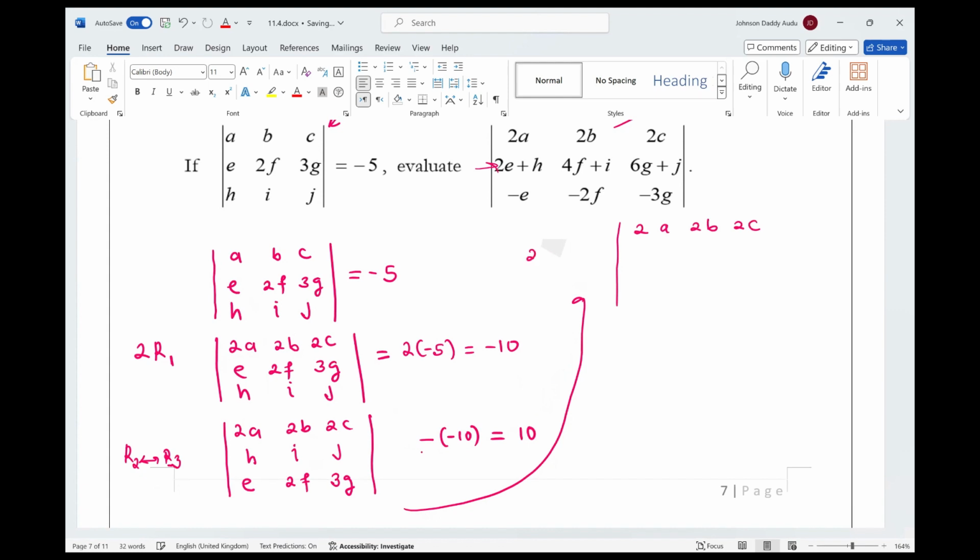But this one, we can do 2 row 3 plus row 2. We know that this type of operation does not change the determinant.